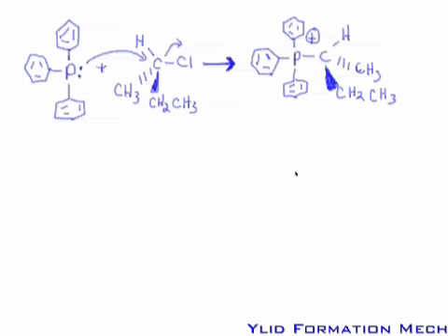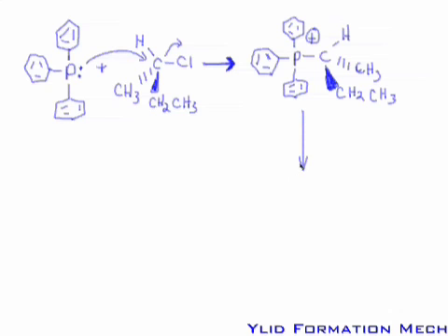Now, this is not an ylid. Clearly, we do not have a plus-minus charge. One of the reasons you don't go beyond secondary is not only that you can't do the SN2, but also that we need a hydrogen to deprotonate to create our negative charge. And so we have to treat this with a powerful base.